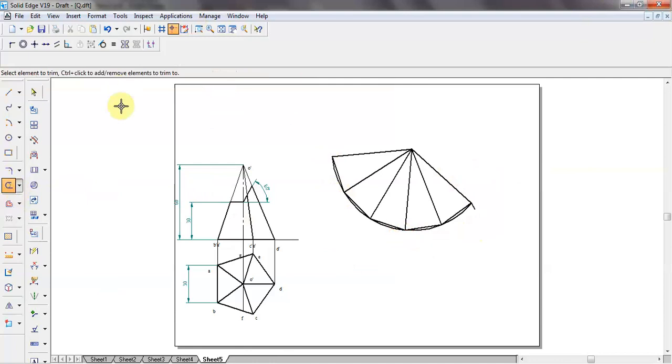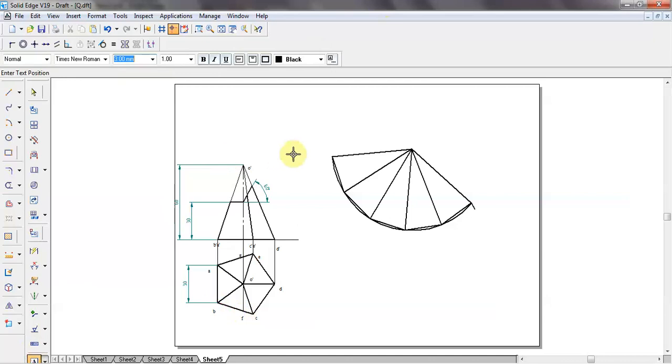This is also correct. So in between BC there is a division of length. How to measure it? It is 21.71. First let me name them.